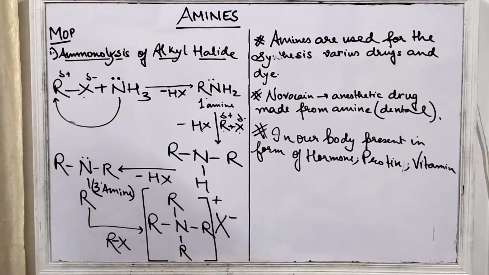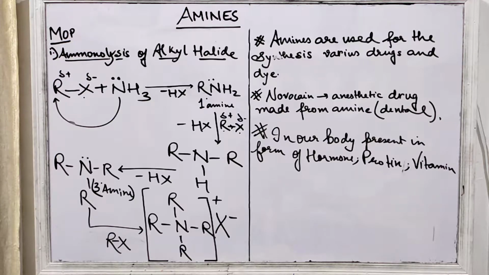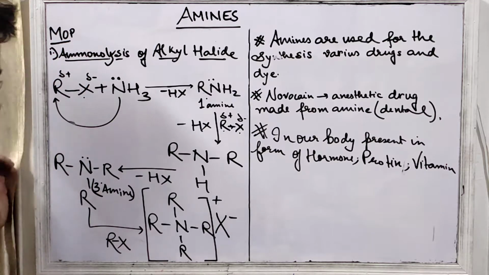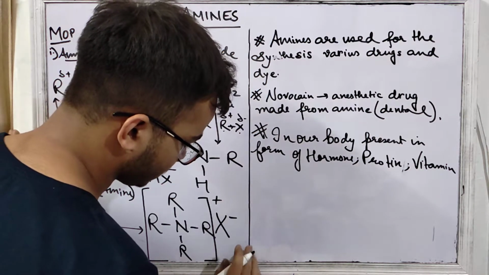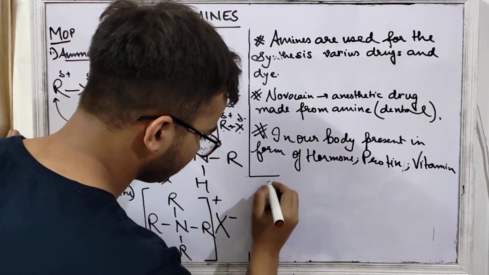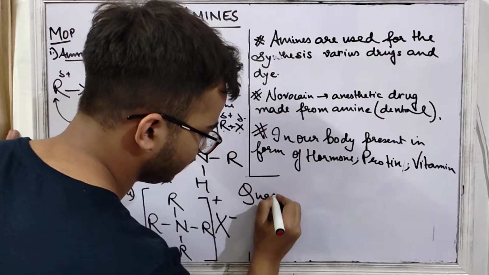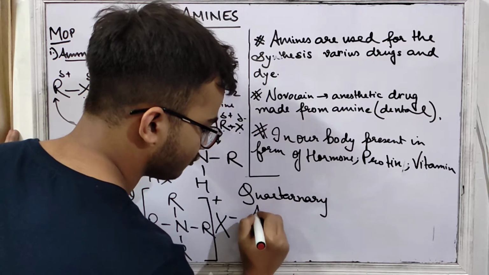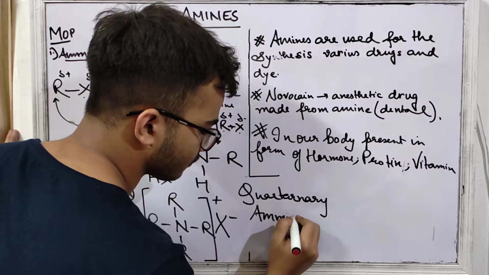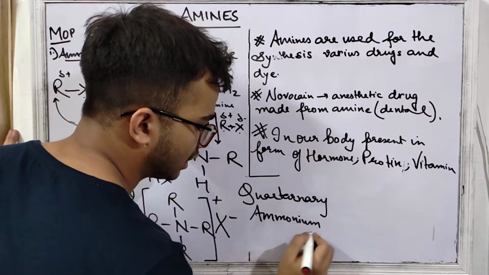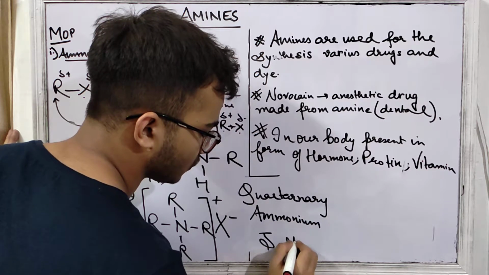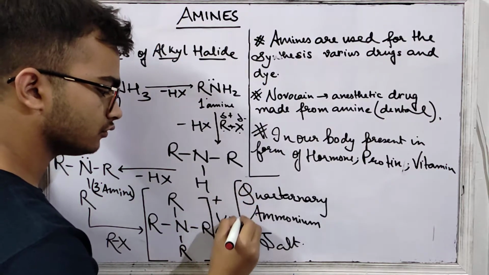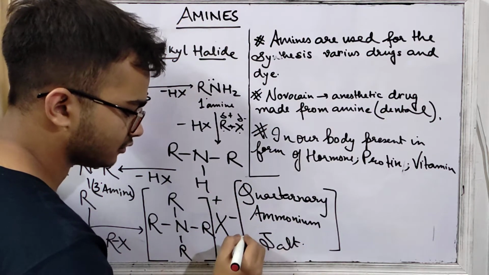So if you want me to write there, I have to accommodate, so let's remove this for the time being. So quaternary ammonium salt. Clear? So this thing, quaternary ammonium salt, is this one.